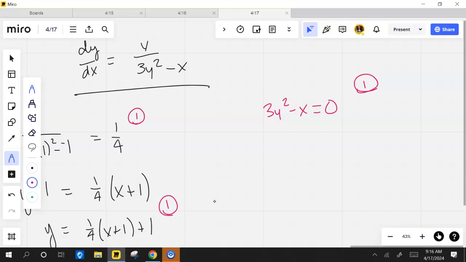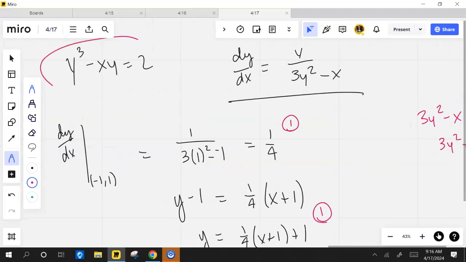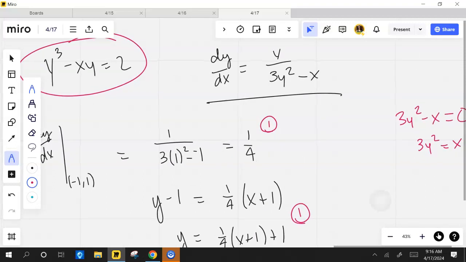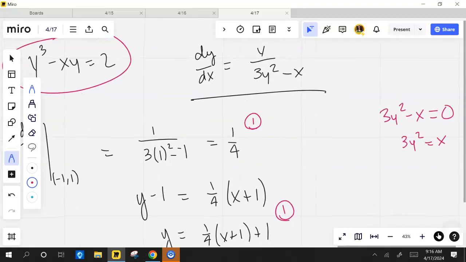So then I went through and said, well, 3y squared equals x, right? And now I need to get my equation into just one variable so that I can solve it. Instead of solving for y and plugging in, it's already solved for x. So I took that initial equation and plugged in 3y squared instead of x. So I got y cubed minus 3y squared times y.